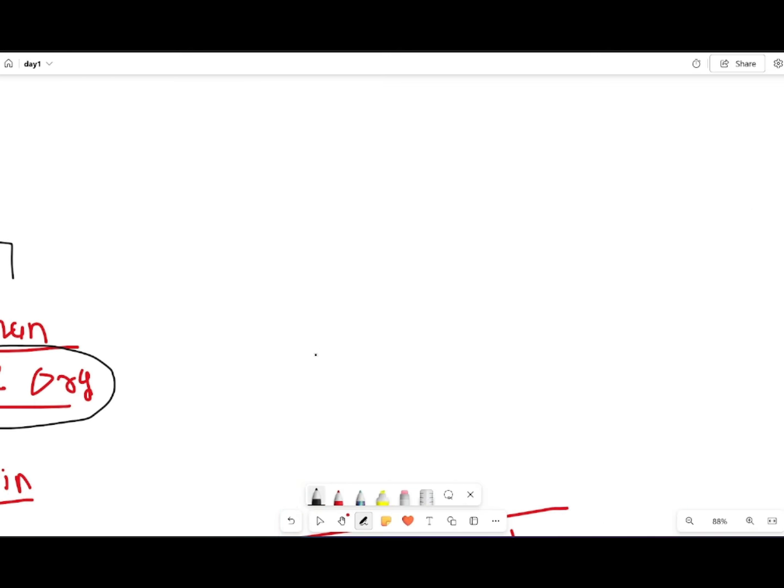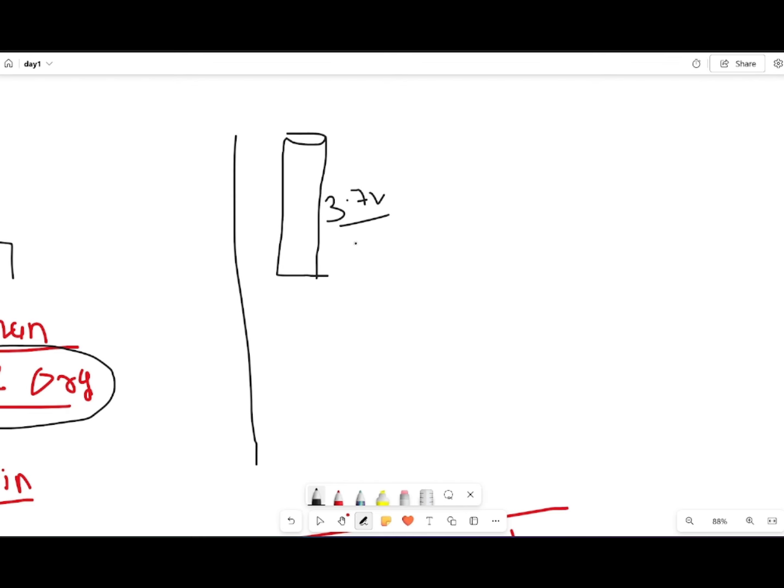Clear? So now we are going to see how we can control the voltage. Let's suppose we have a single cell of lithium ion. The voltage is 3.7 volts, and the current is 2 ampere.